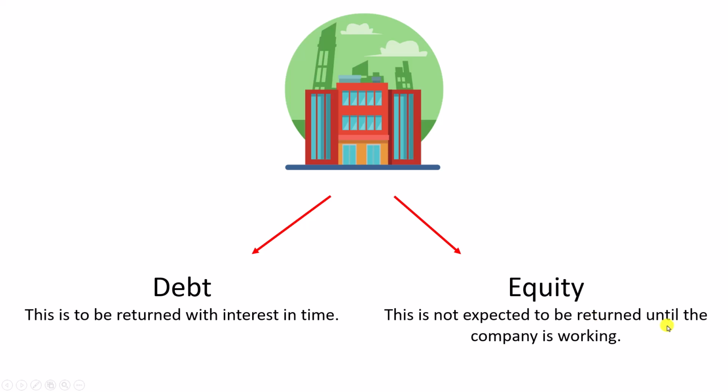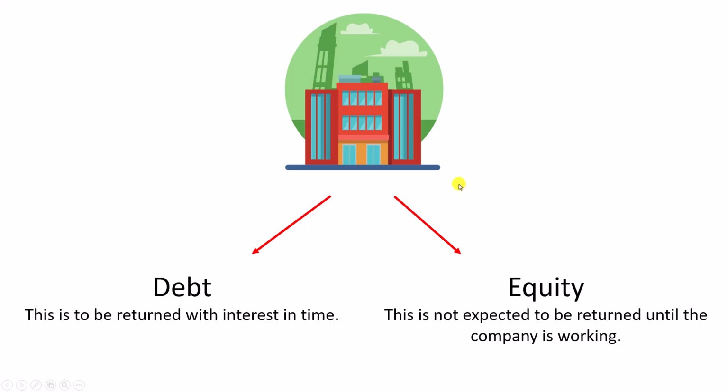But then we have this one more condition: until the company is working. Now, what does it mean? Let us say that the company closes down. The company goes bankrupt and closes.